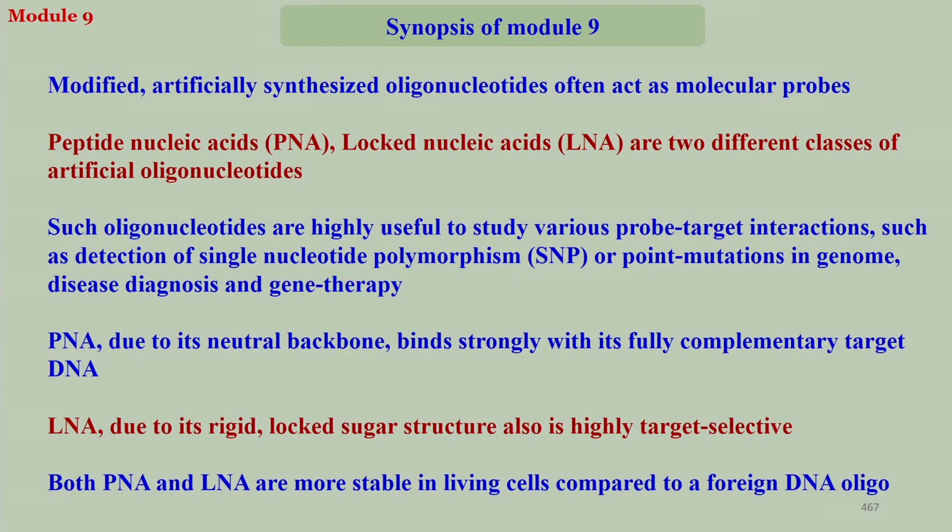So, in general molecular probes are basically probes in terms of molecules. Molecular probes are the molecules or the oligonucleotides or the polymeric materials that are used to detect something at the molecular level, and especially to detect something inside the biological cell.